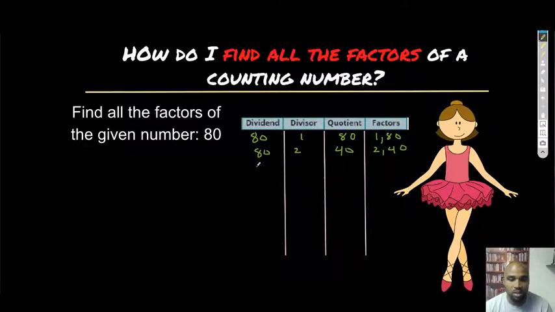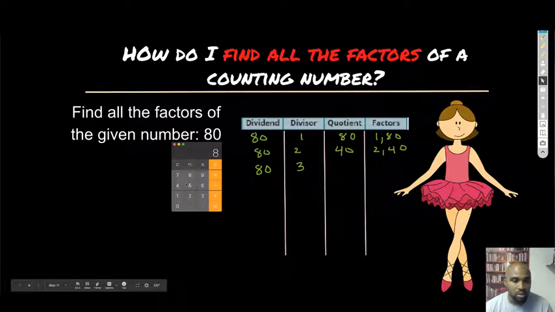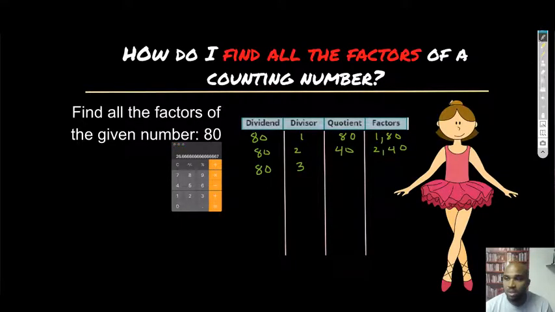Notice I'm not changing colors just to save time. 80 and 3, well, I know that's not going to work because 80 is not divisible by 3, because when I add 8 plus 0, it doesn't give me a multiple of 3. So this is going to give me some kind of decimal. I'll pull that decimal up on my calculator. 80 divided by 3 is 26.6. And we're just going to put an X there. That doesn't work.